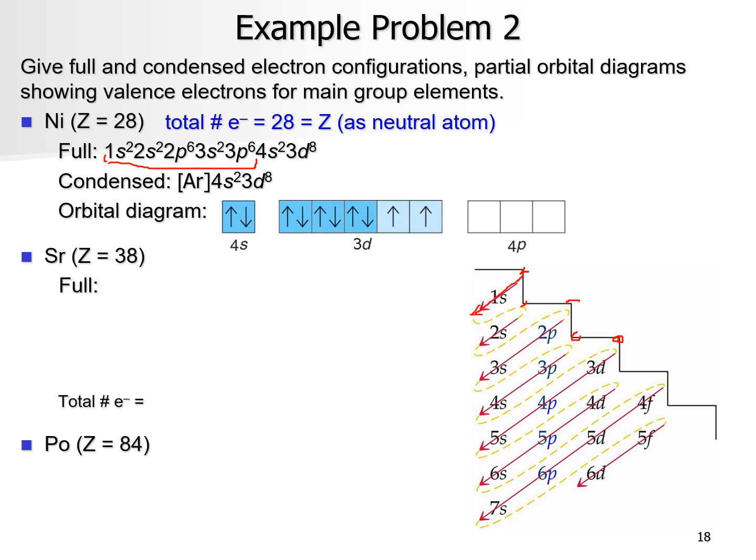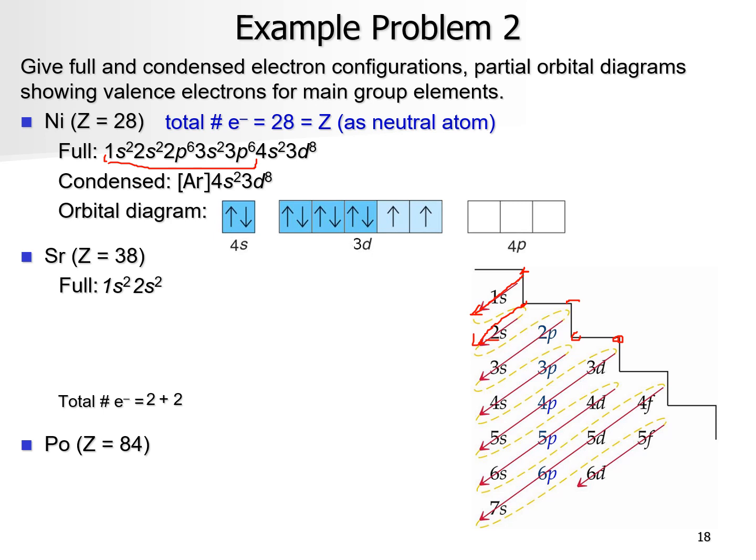S can hold as many as 2 electrons, so that's going to be 1s2, and that's 2 electrons that we used. Nothing else to hit, so we go back, starting with the second corner, going down. We hit 2s, and again, 2s2, 2 more electrons.